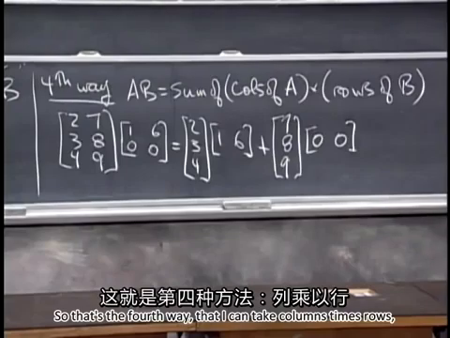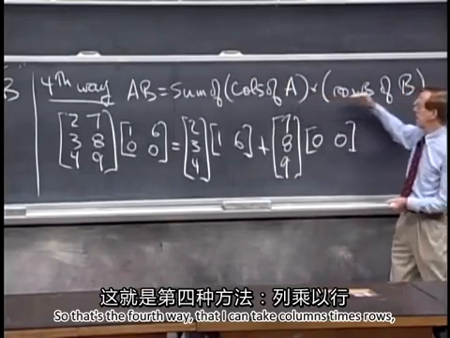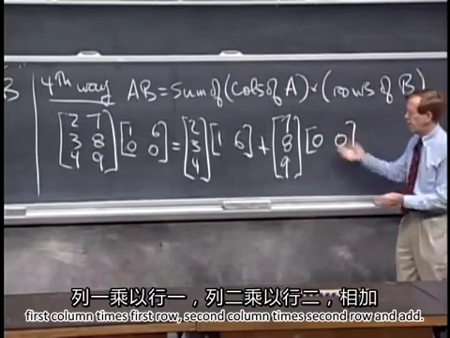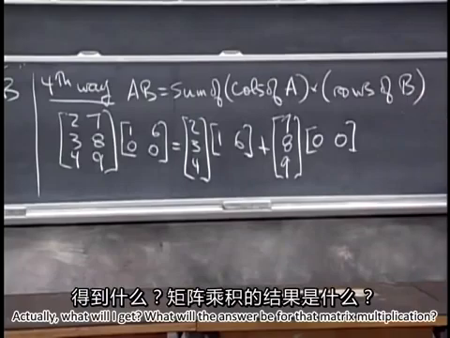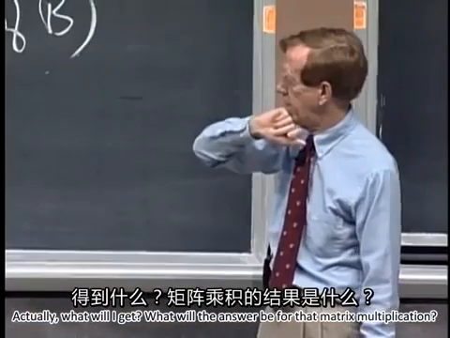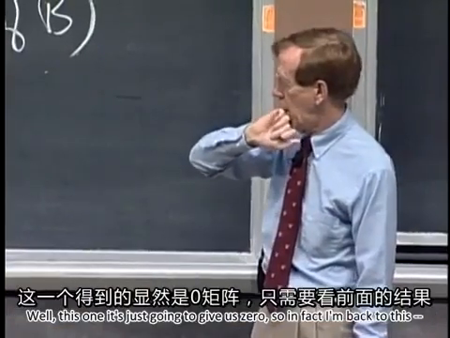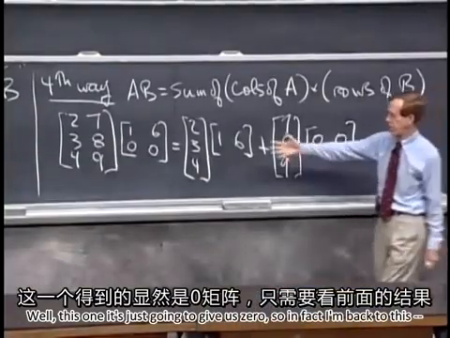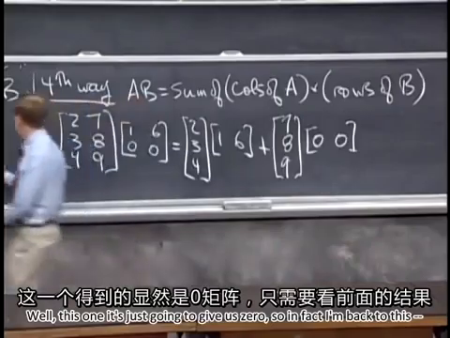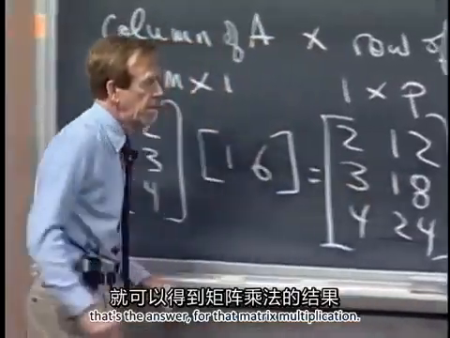So that's the fourth way, that I can take columns times rows, first column times first row, second column times second row, and add. Actually, what will I get? What will the answer be for that matrix multiplication? Well, this one is just going to give us 0, so in fact, I'm back to this. That's the answer for that matrix multiplication.